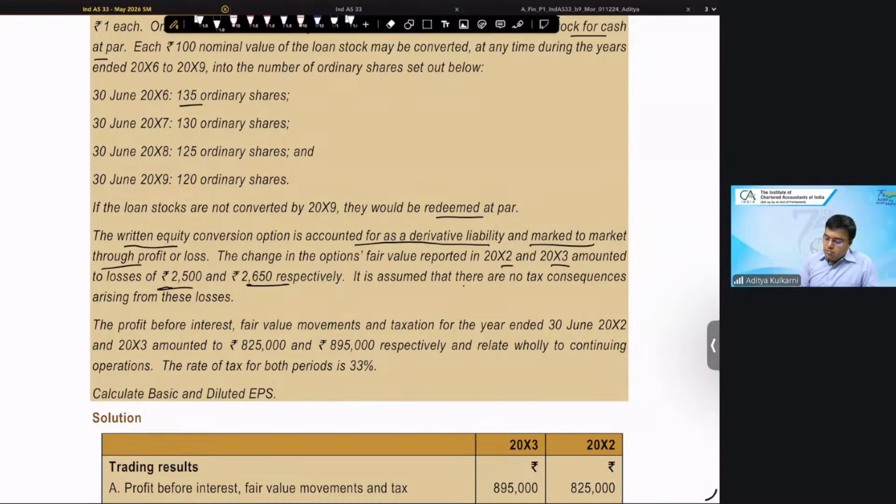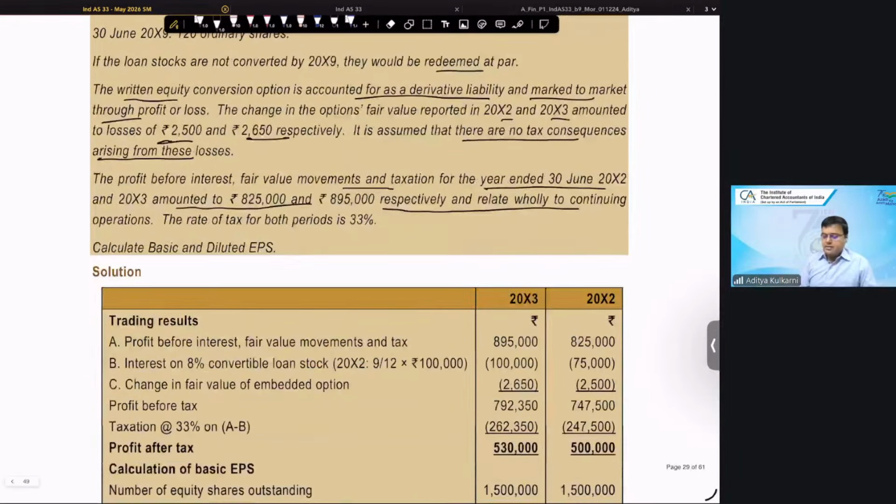It is assumed that there are no tax consequences arising from these losses. The profit before interest, fair value movements and tax for the years ended June X2 and X3 amounted to 8,25,000 and 8,95,000 respectively and relate wholly to continuing operations. The rate of tax is 33%. Calculate basic as well as diluted EPS.